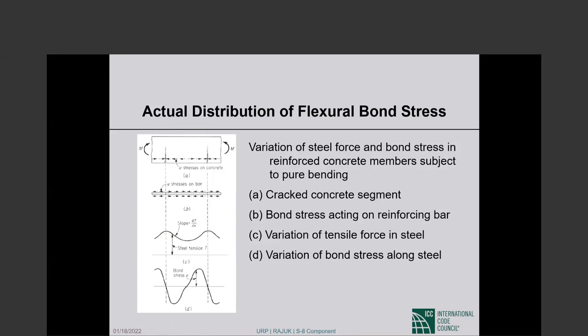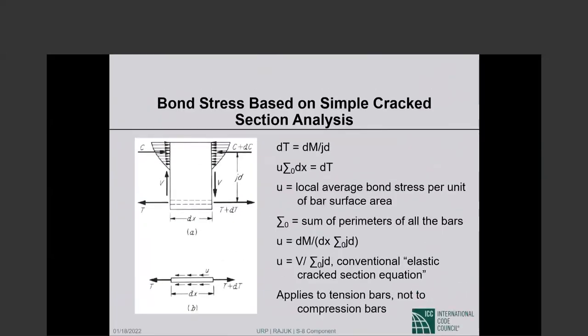And then the bond stress u is proportional to dT/dx. So bond stress u is proportional to dM/dx, which is the same as dT/dx.